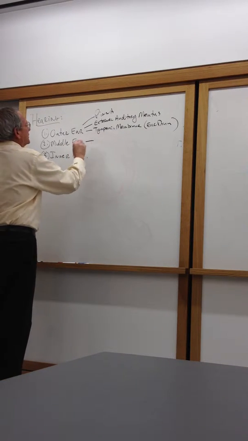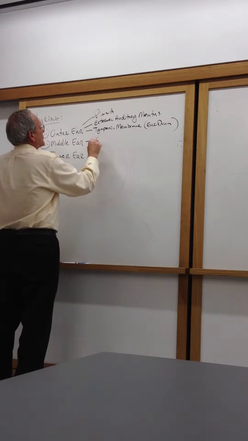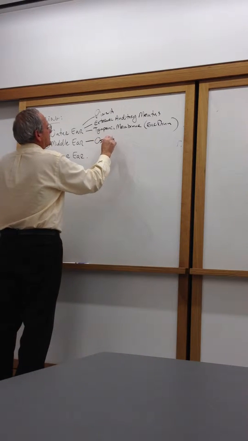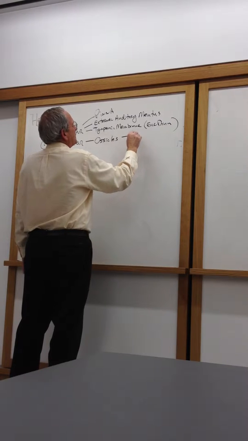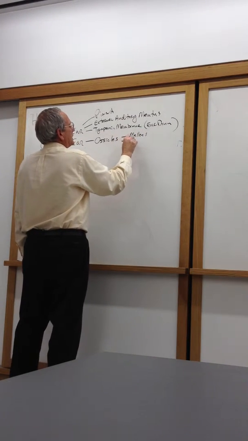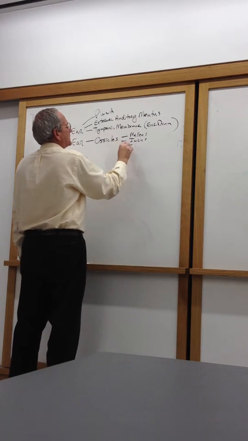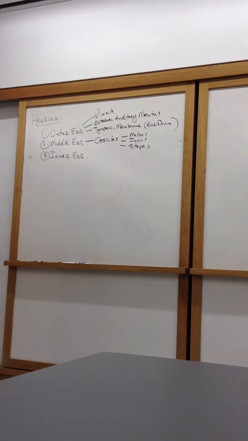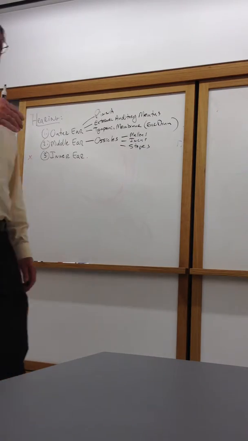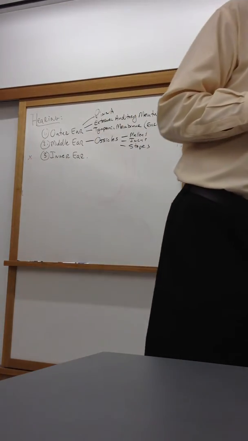The middle ear is composed of a group of bones called the ossicles. The ossicles are the malleus, the incus, and the stapes. These are nothing but three very small bones located on the other side of the tympanic membrane.